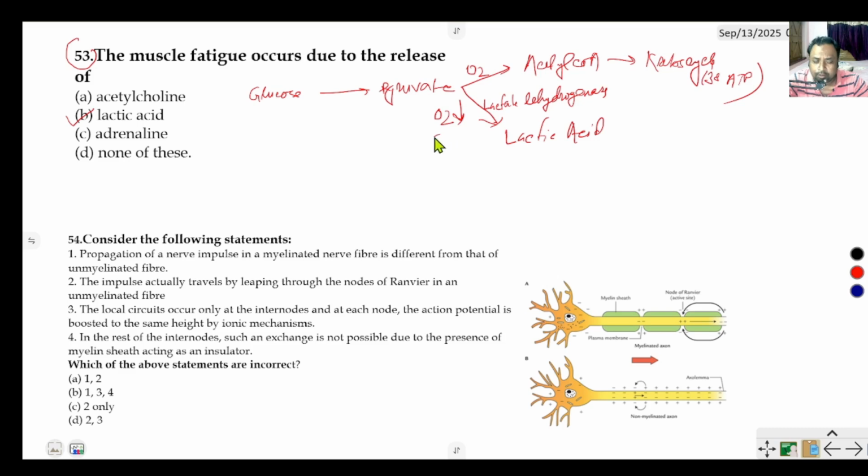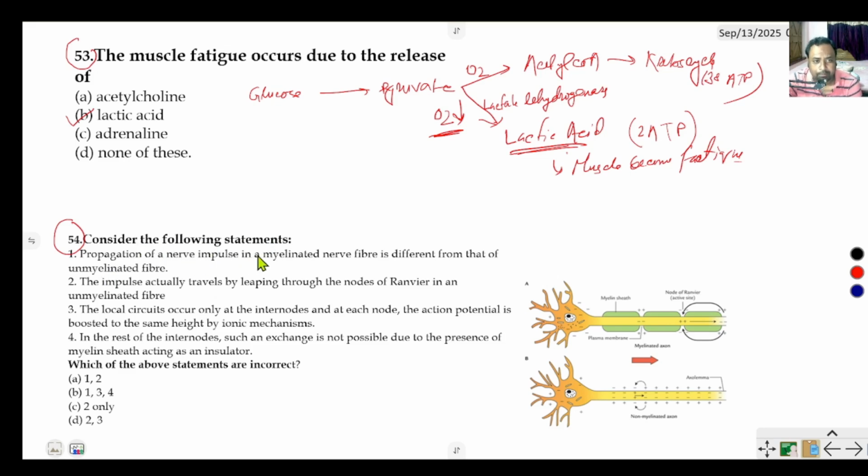Due to absence of oxygen or when the oxygen level is very low, this lactic acid pathway produces only 2 ATP molecules, so the muscle becomes fatigued. Adrenaline is an emergency hormone that causes fight or flight condition. Acetylcholine is a neurotransmitter.